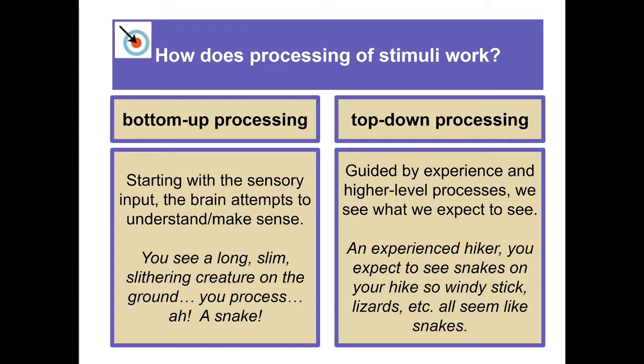So based on experience, based on expectation, based on emotional status, that's anything cognitively or psychologically that's going to either make a sensory experience more extreme or enhance it. And that's top-down processing.